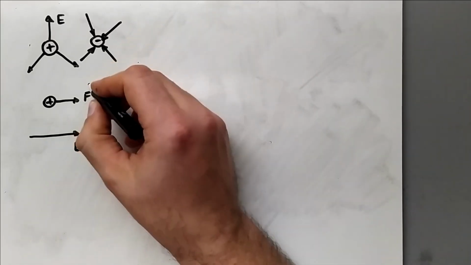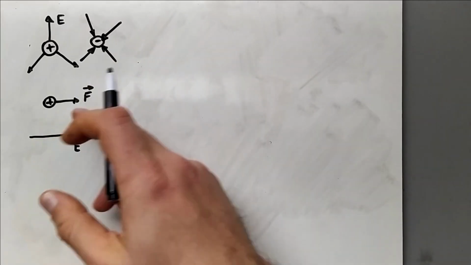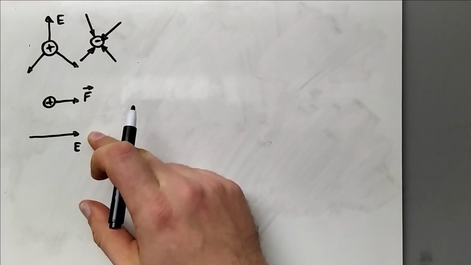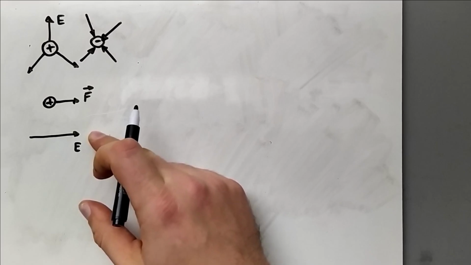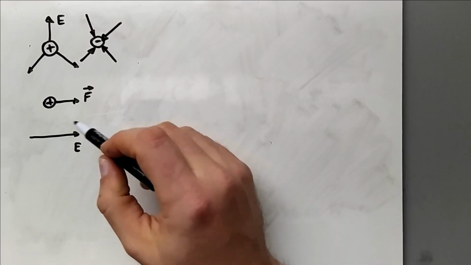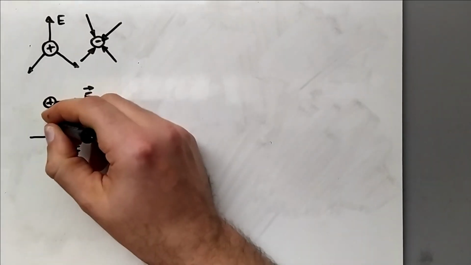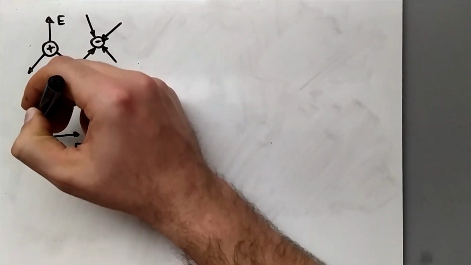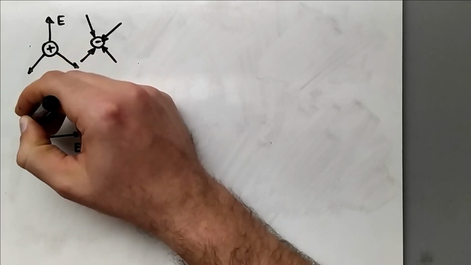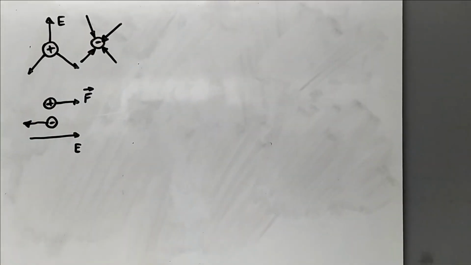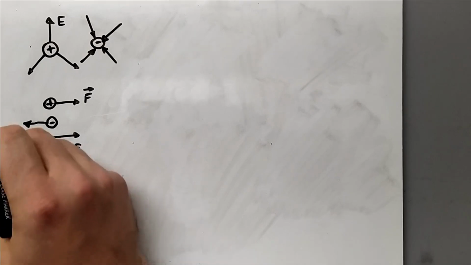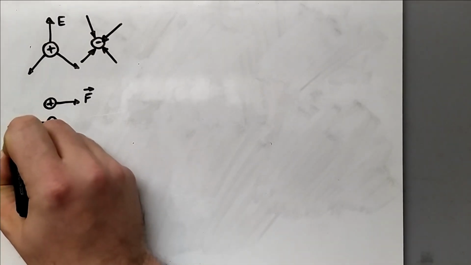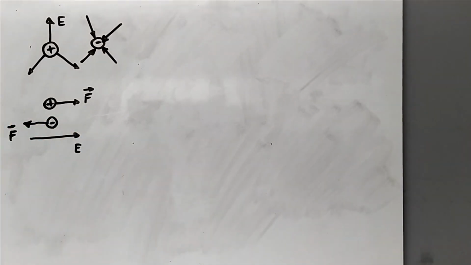Since force is a vector quantity, its orientation will coincide with the orientation of the electric field line for a positive charge. If we place a negative charge of the same magnitude here, then we will have an electric force exerted on the negative charge that is the same in magnitude but opposite in orientation.